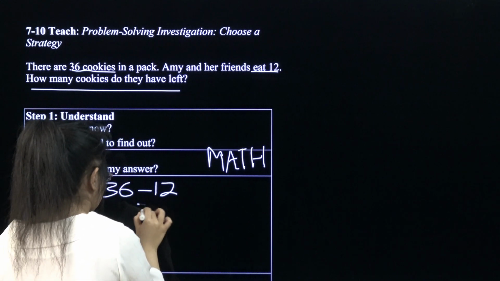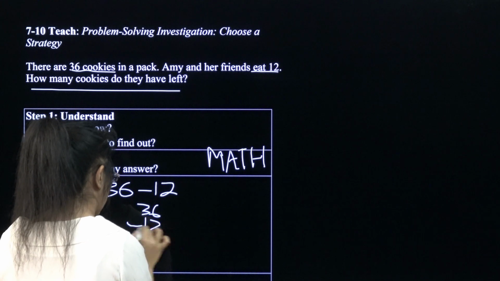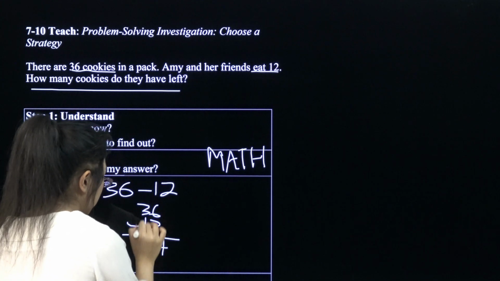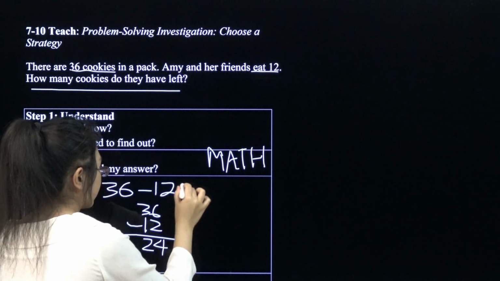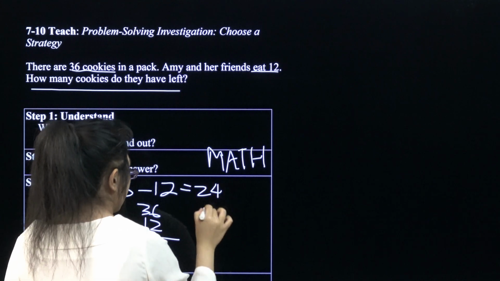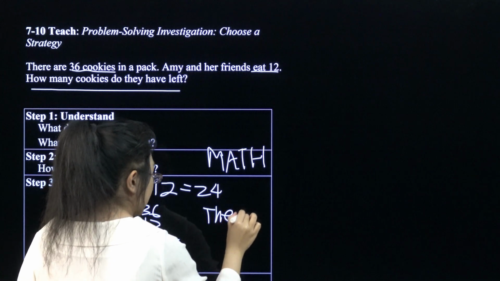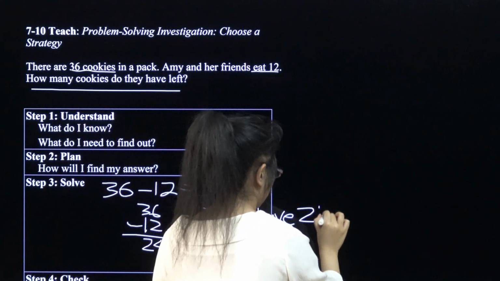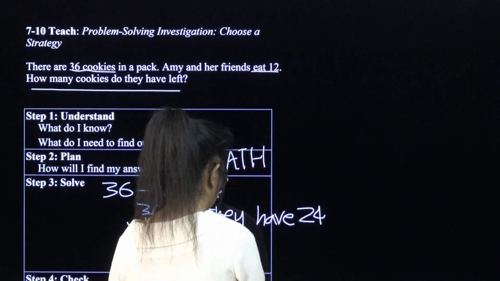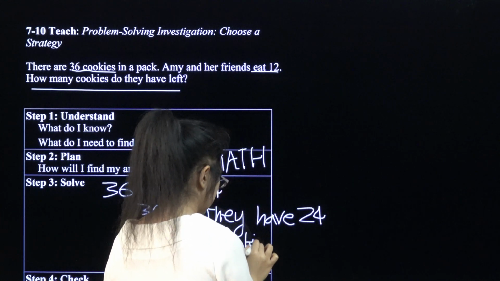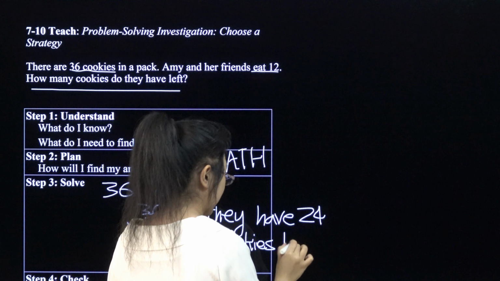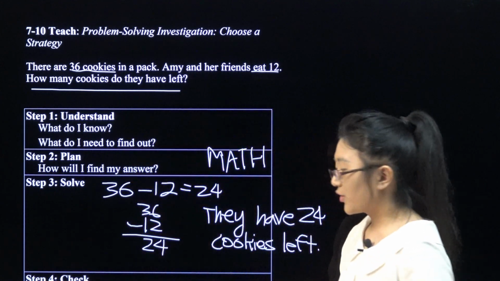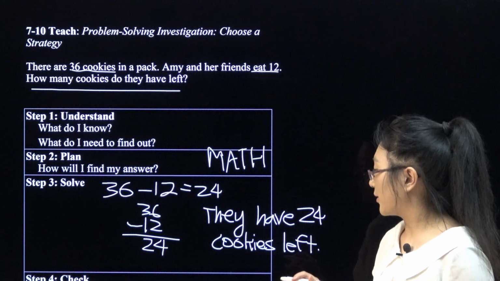And what do we get? 36 minus 12 is 6 minus 2, 4. 3 minus 1, 2. 24. They have 24 cookies left. That's our answer.